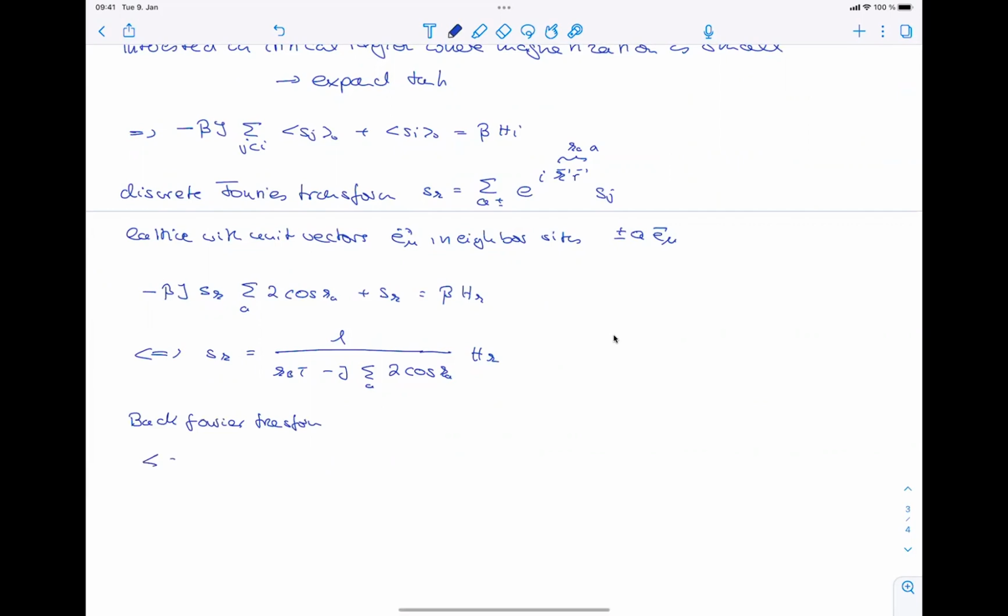Sorry, it's not really consistent. So I'm summing over now the Fourier zone, and actually, yeah, we can just make this an integral too, the integral over k.